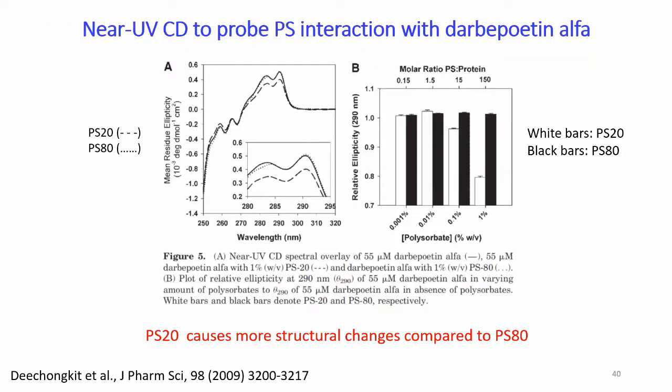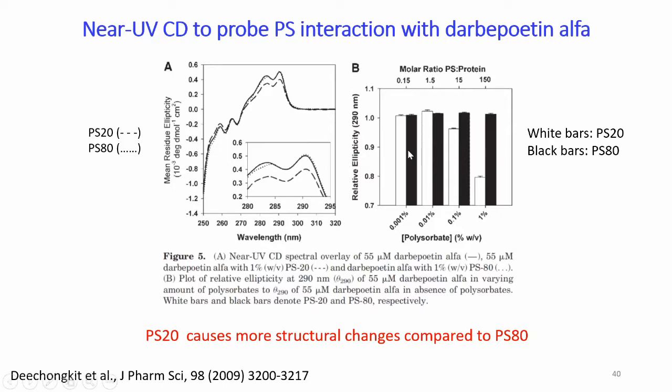So the obvious question is, is this the only protein where we showed that polysorbates bind to proteins? There is already one study published in the literature from Bruce Kerwin's group, where they studied how the polysorbates interact with epoetin alpha. Here is the near UV-CD spectrum of the protein before and after adding the polysorbates.